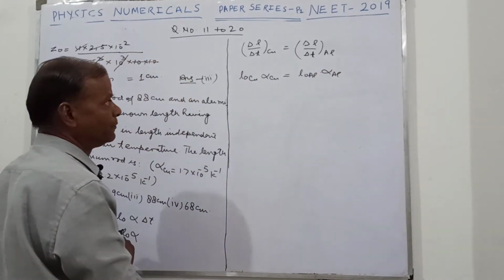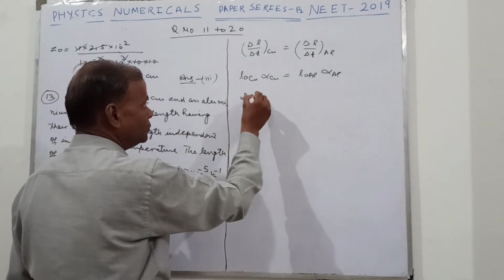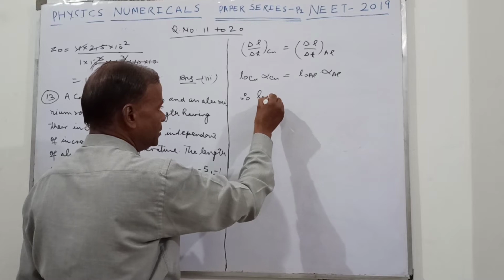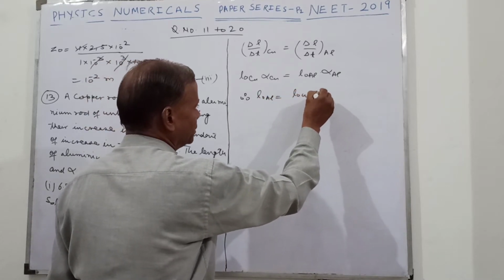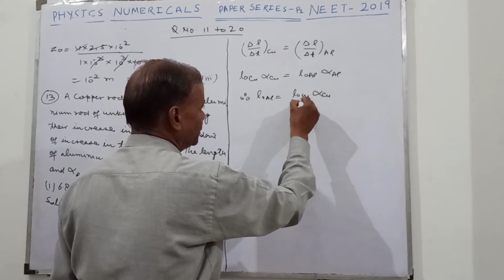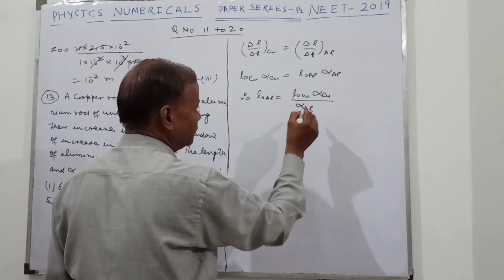This is the simple formula. You have to find the length of aluminum rod. So L naught aluminum equal to L naught copper alpha copper upon alpha aluminum.